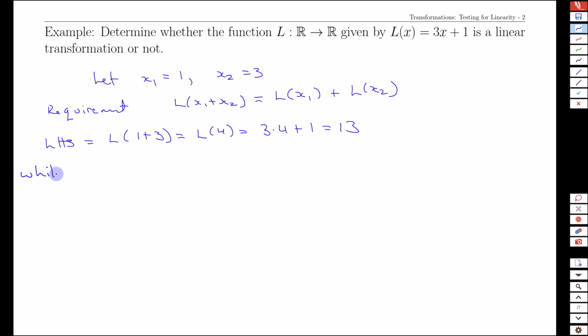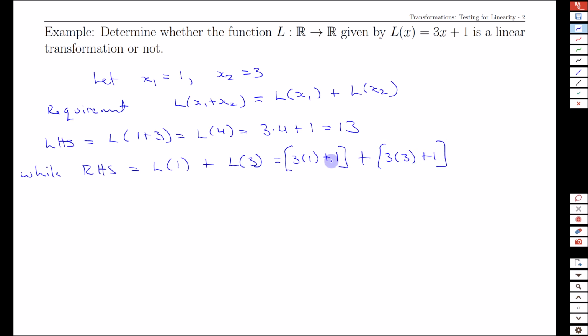While the right-hand side is L of x1, which is 1, plus L of x2, which is L of 3. So we're doing this calculation here, and here we can see the snag. When I transform the value 1, I'm going to get 3 times 1 plus 1, all that in brackets. And then to that, I'm going to add the transform of 3, which is 3 times 3 plus 1.